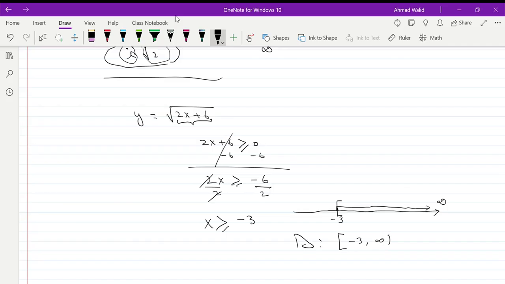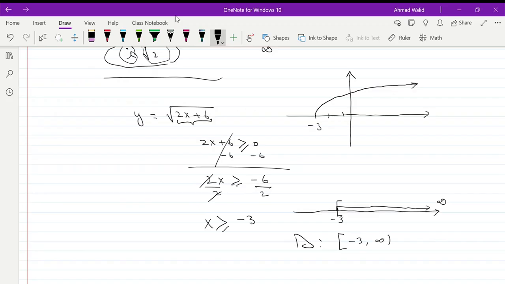That's the domain. I think the shape of this graph should be something like this. I don't want to put all the values. Negative 1, negative 2, negative 3. This graph is actually something like this. It goes like this. Correct?